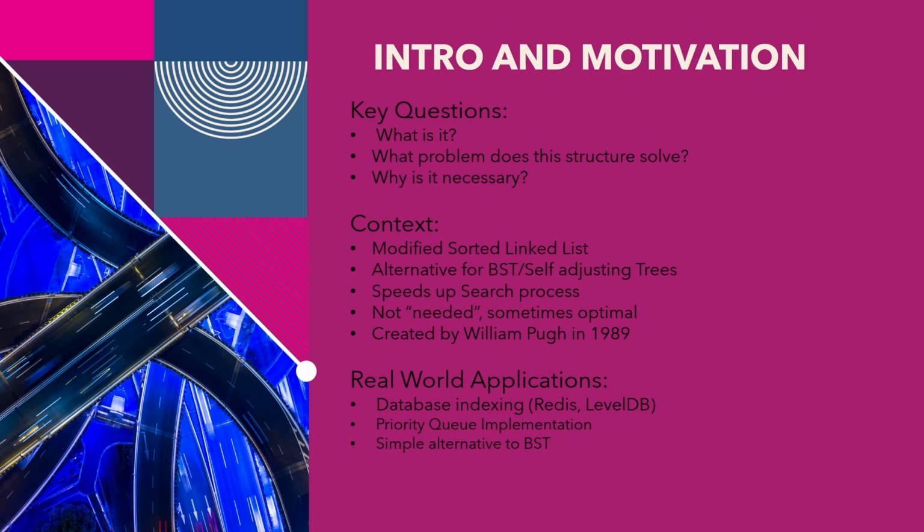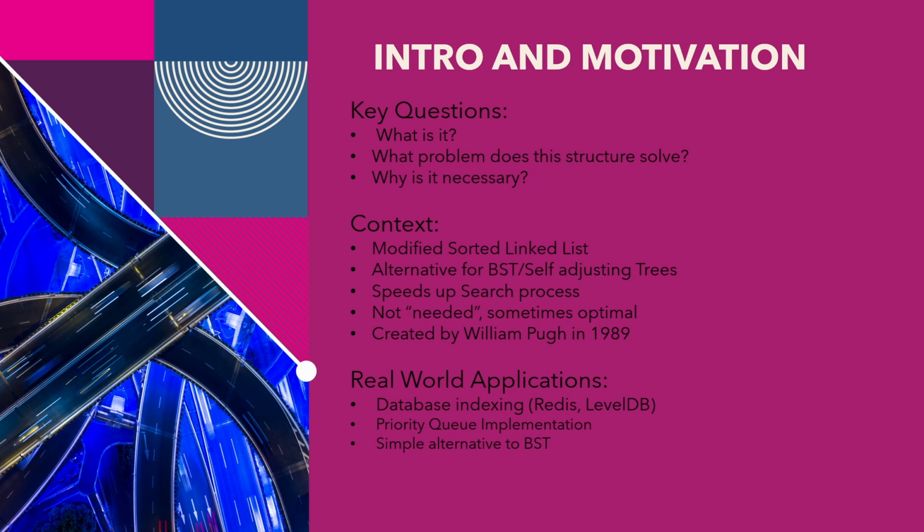Basically, skip lists are a modified sorted linked list that have the base linked list and then multiple express lanes that allow you to traverse and search the linked list a lot quicker.